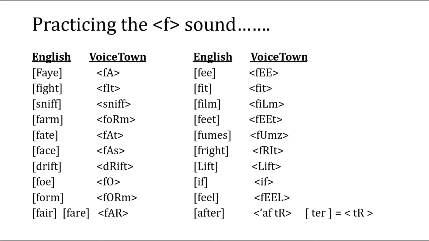It is a non-voiced sound, so the sound comes from the front of your mouth and not here in your throat. The key to making this correctly is getting your teeth on your bottom lip. And now some words to practice the f sound.